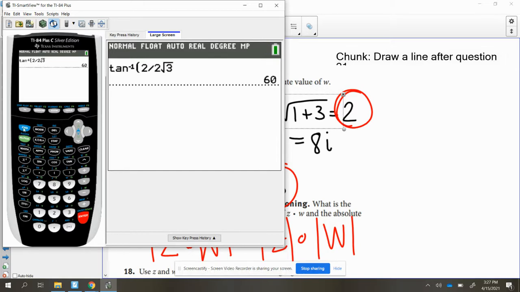So it's 60 degrees, and then we're going to have tan inverse of square root 3 divided by 1, which is, one should have been 30 degrees. So what we see on this one for z, it should have been 30 degrees.